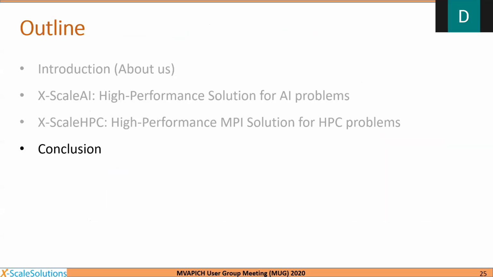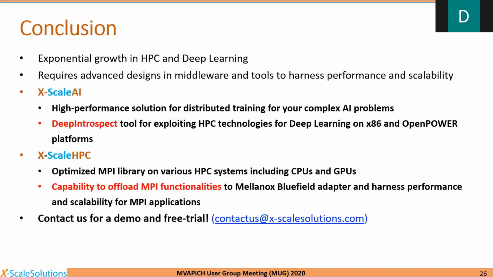Okay, that concludes my main talk. We expect exponential growth in HPC and deep learning, which requires advanced designs in middleware and tools to harness performance and scalability. We have two products specifically targeted for this. One is X-Scale AI, which provides high-performance solutions for distributed training of AI applications.